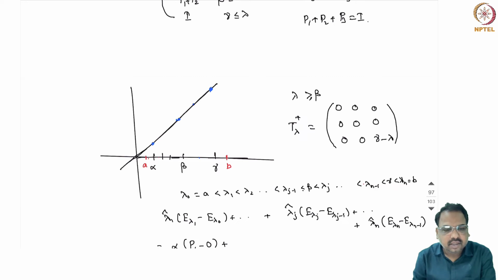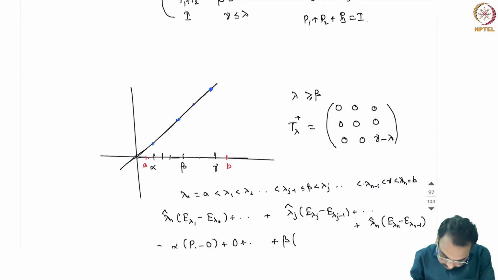They are the same because lambda i minus 1 is bigger than alpha, so everything between alpha and beta is the same, and we get 0. And lambda j hat is beta times e lambda j, which gives P1 plus P2, and since lambda j minus 1 is less than beta, you will get minus P1, plus so on.